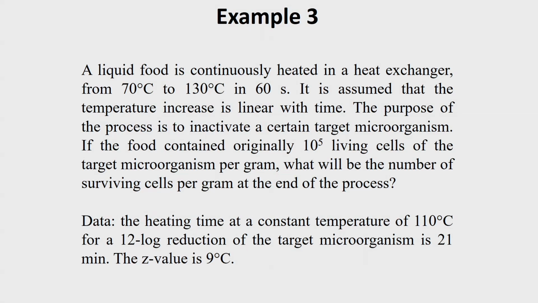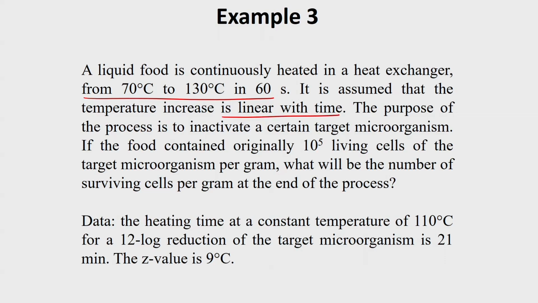Here we are supposed to calculate the equivalent F naught process to maintain the same condition, right. The liquid food is continuously heated in a heat exchanger from 70 degree to 130 degree in 60 seconds. It is assumed that the temperature increase is linear with time, the same thing what we have done in the earlier problem.